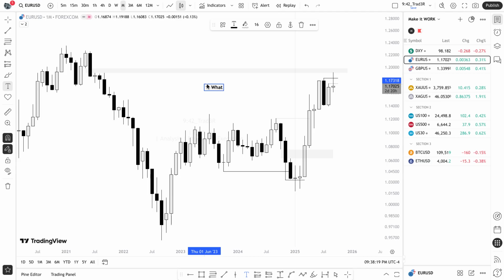Question number 1 will be: what is the DOL? DOL is simply draw on liquidity. So what is draw on liquidity? That's question number 1. Once you answer this question, draw on liquidity is simply where is price drawing to.